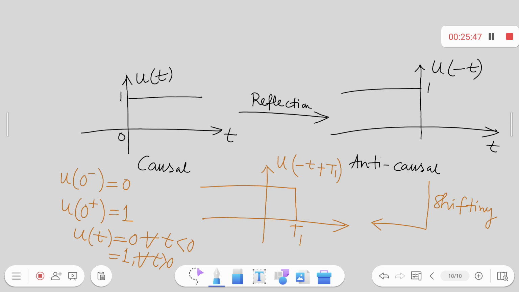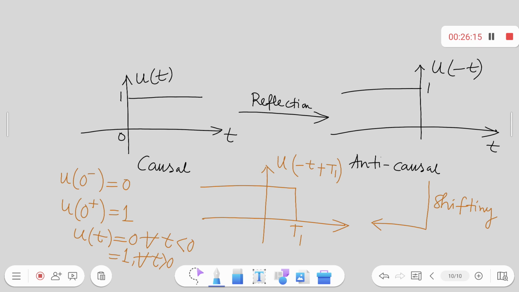So this right-hand side shifting is positive shifting with respect to u of minus t, and positive shifting means plus: u of minus t plus t1. Can you get the point?